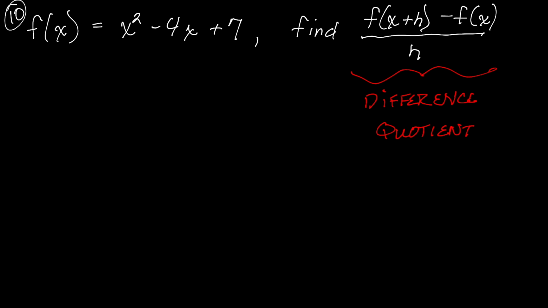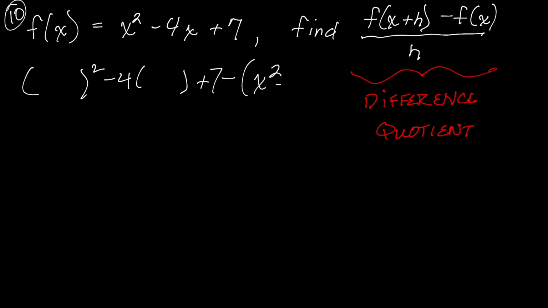So all we have to do for now is substitute. For f of x plus h, I'm going to put x plus h in place of x, and then just keep it f of x here. So the way this rolls out is I get x squared minus 4 times x plus 7, minus my whole function.